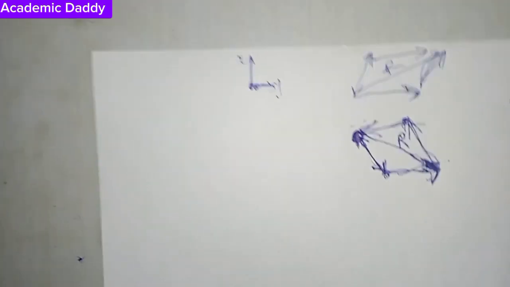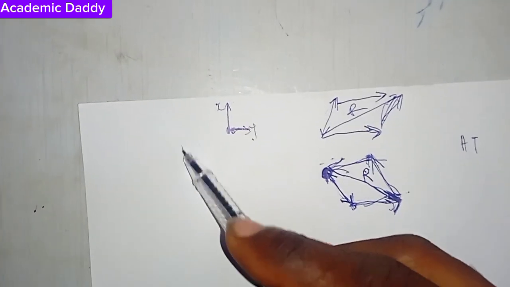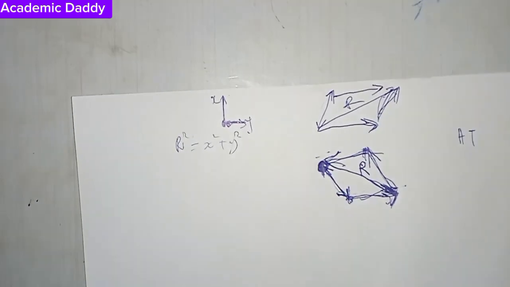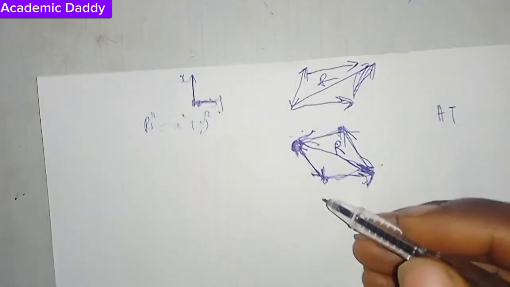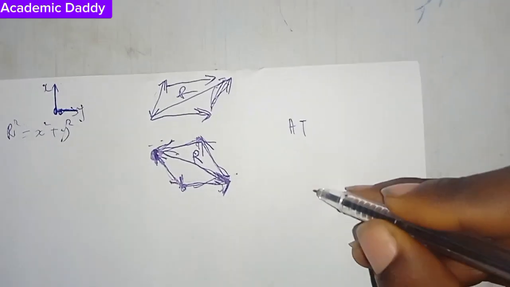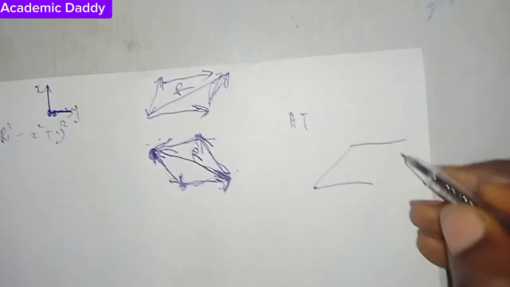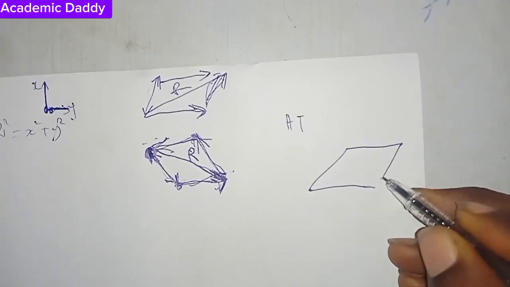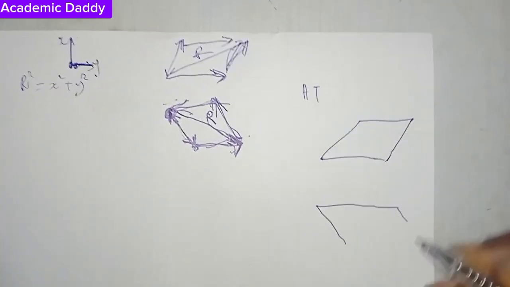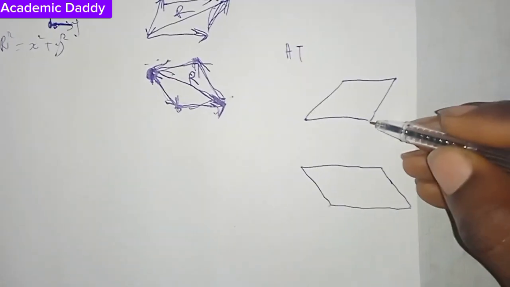So another thing you need to note is that when we are doing resolution of vectors, we normally end up at the end of the day using R squared equals x squared plus y squared only. But once we are using parallelogram, let me draw this one. I have two situations: one where I have an angle less than 90, and one where I have an angle above 90.